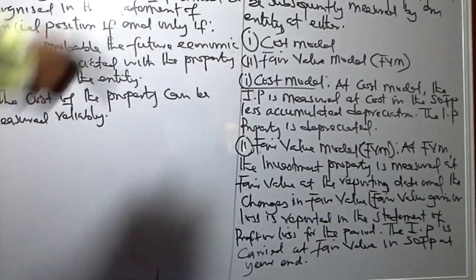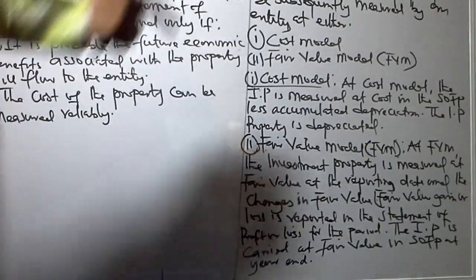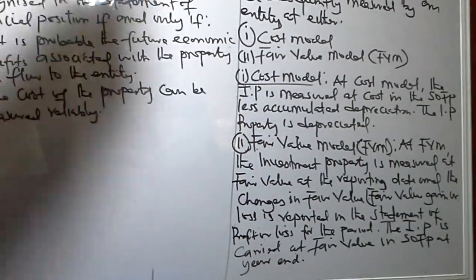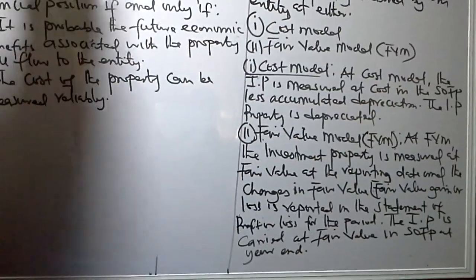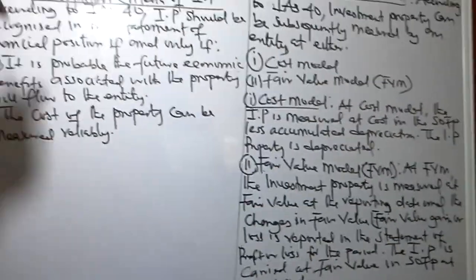That is cost model. You are going to depreciate that investment property over the useful life, just like your normal IAS system. Next, now, fair value model.